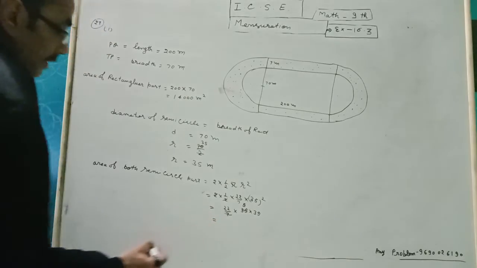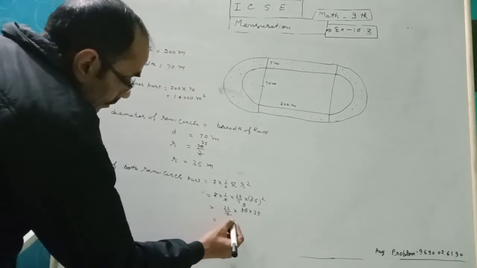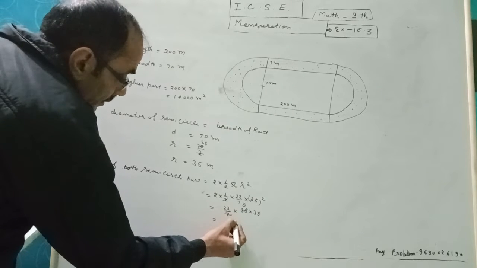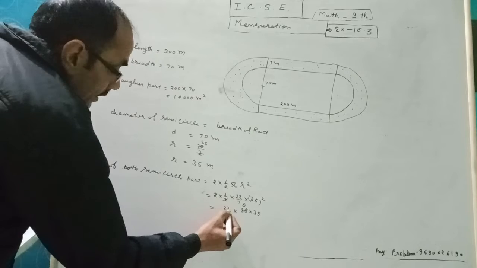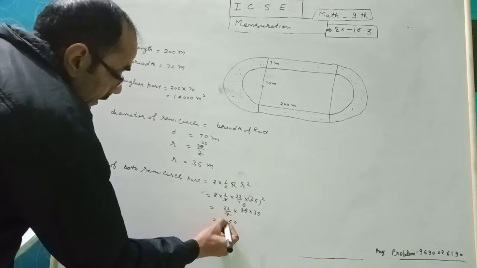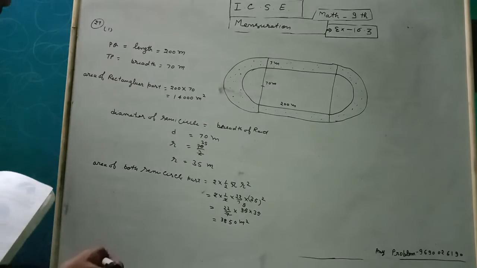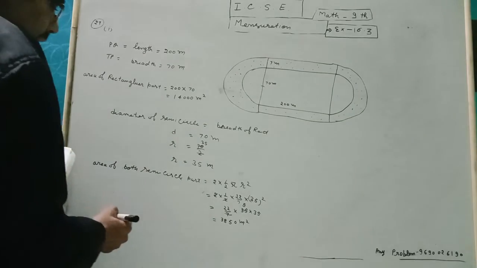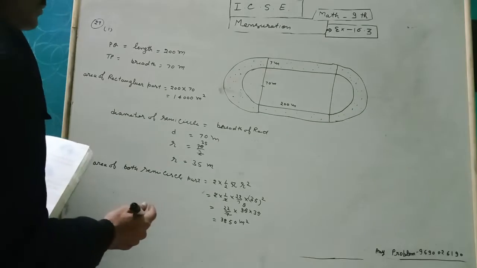After multiplying, 110 multiplied by 35, we get 3,850. This will be the area of both semicircular parts.